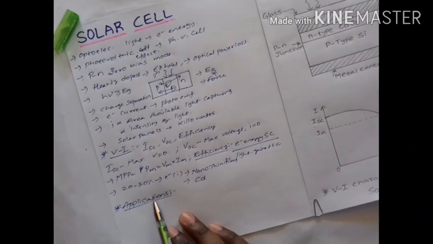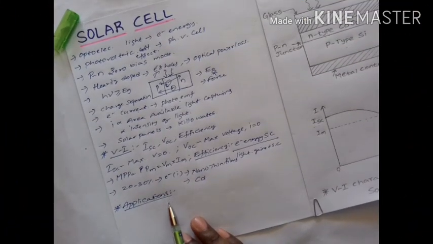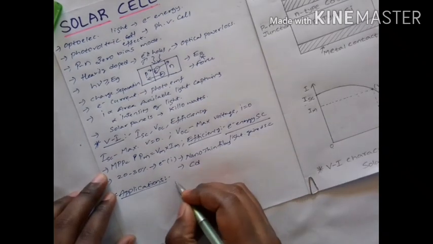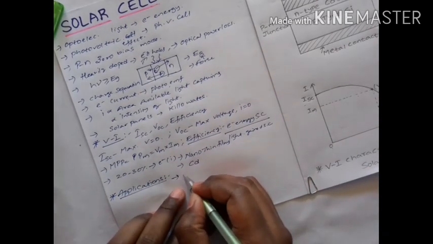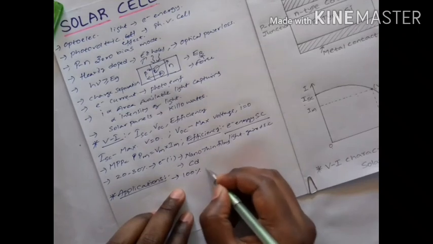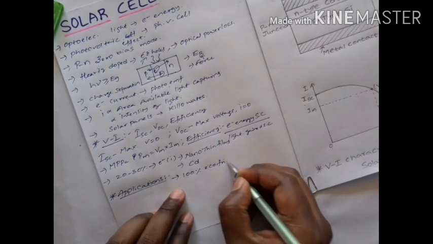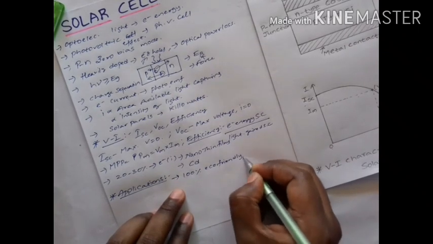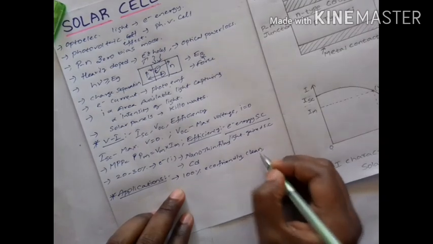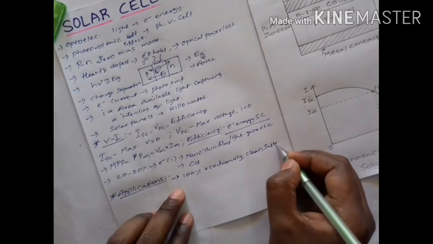Now we will see the applications of solar cells. The main advantage of this solar cell or solar power is that the power generated from the solar cell is 100% eco-friendly, and this is a very clean energy and sustainable energy. Why?